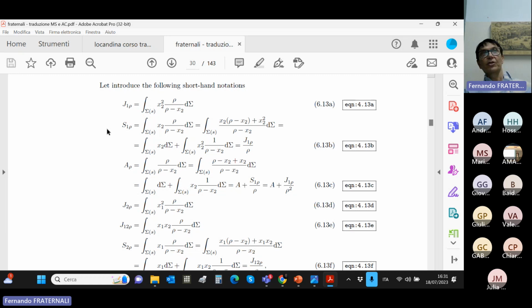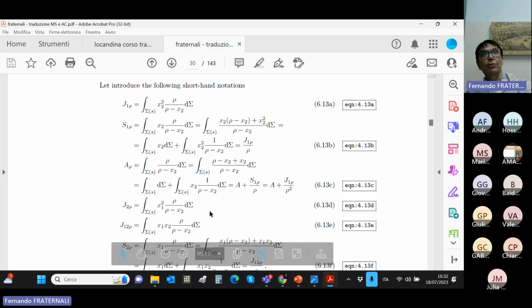We define the reduced inertia moment this way. So the reduced area is equal to the actual area of the cross section plus J1 rho over rho squared. And this is J1 rho, S1 rho.